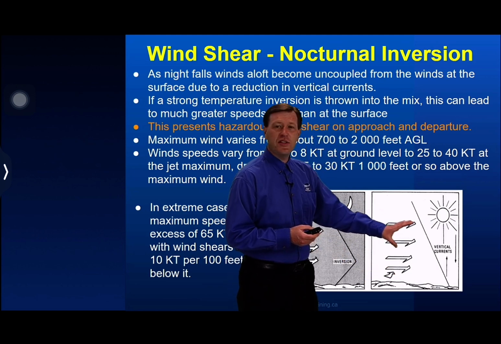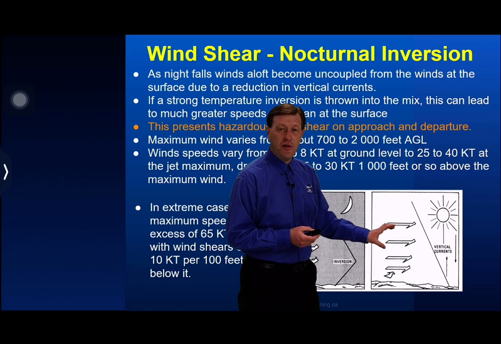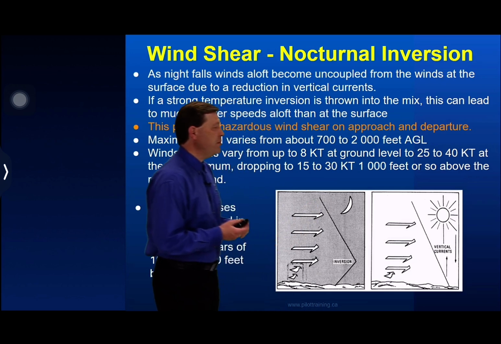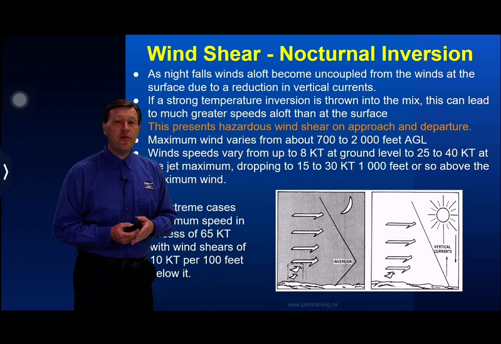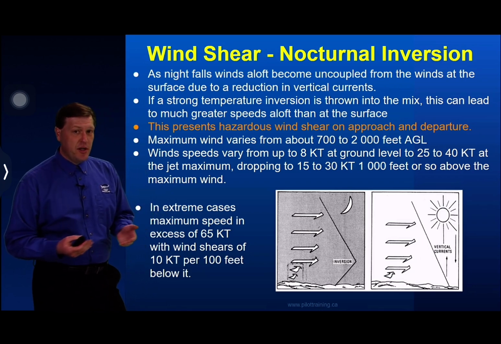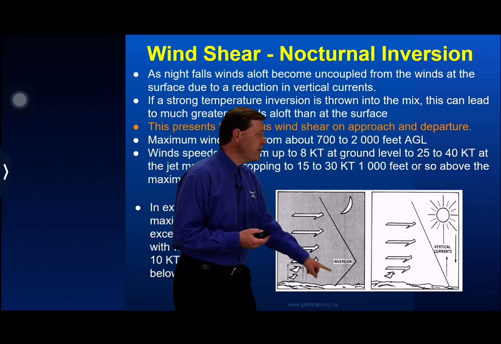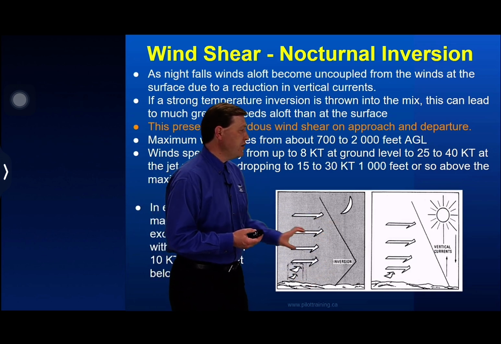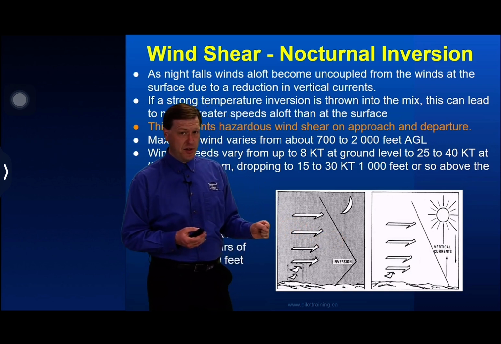So what that does is that has a net effect of slowing these winds aloft down. Now, imagine nighttime happens. And particularly so, if we have an inversion, we can end up with, well, now we don't have those currents flowing. So as a result, that's going to cause these winds to be just a little bit faster.